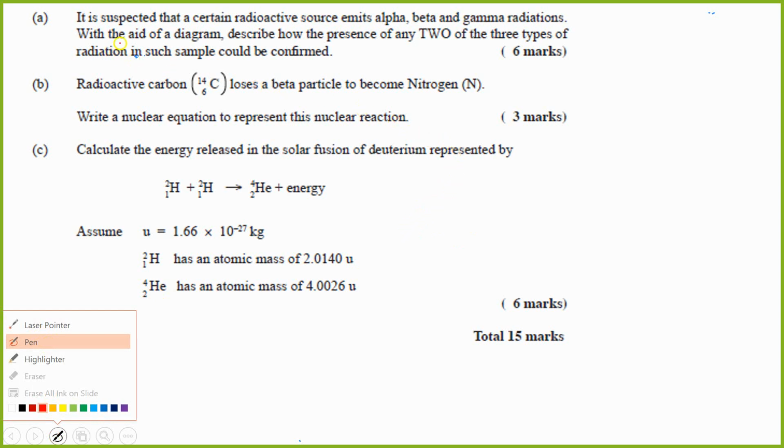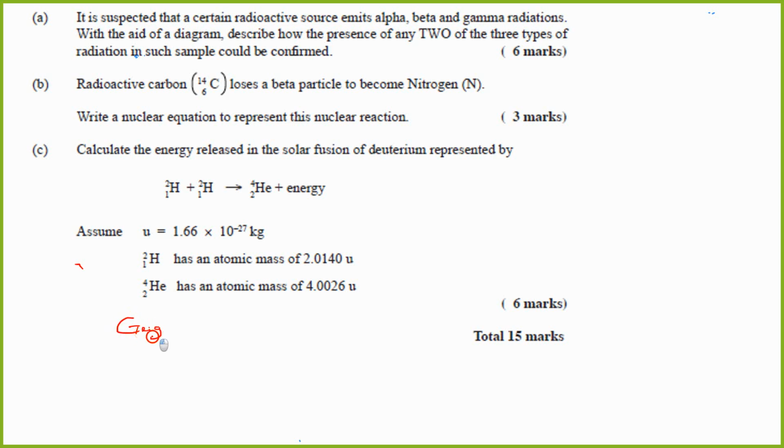So yeah, there is more than one way we can actually detect or prove that these particles exist. We could use a cloud chamber, or we could use another thing, what we call a Geiger Muller tube. So this is a counter.